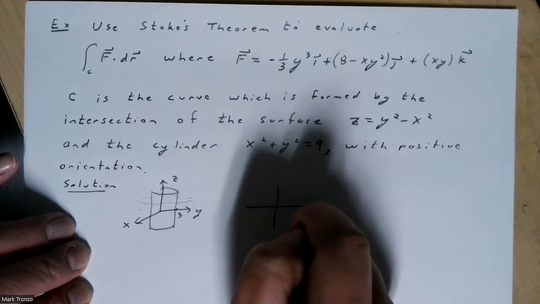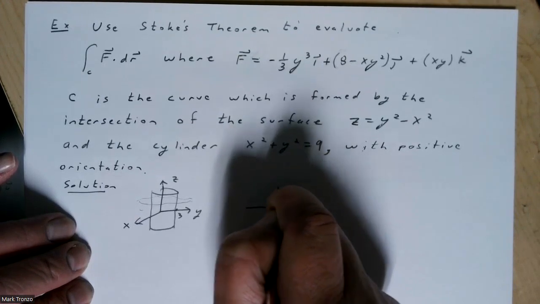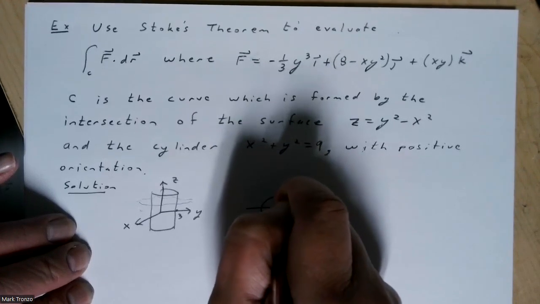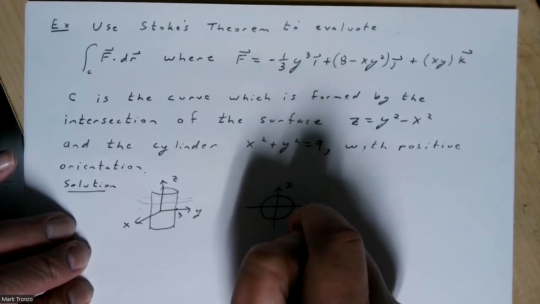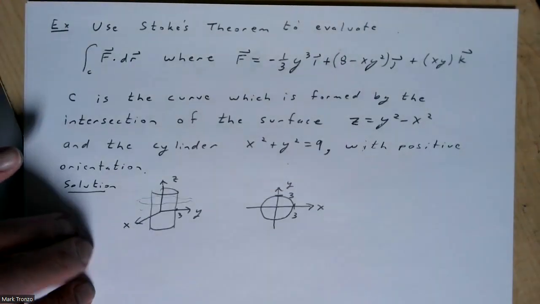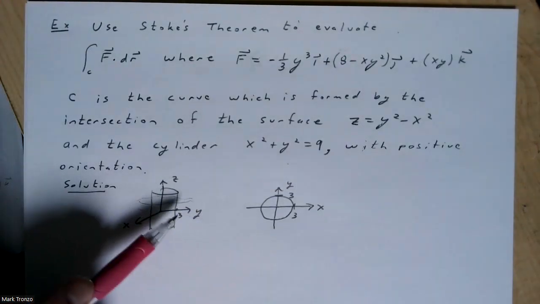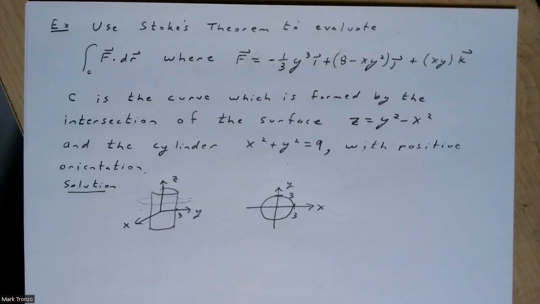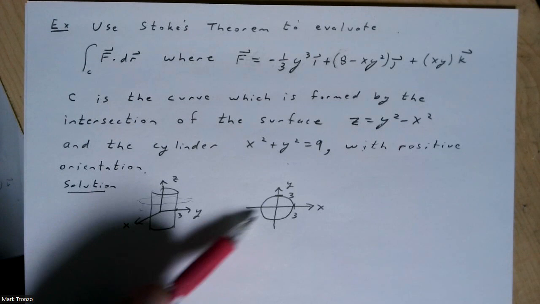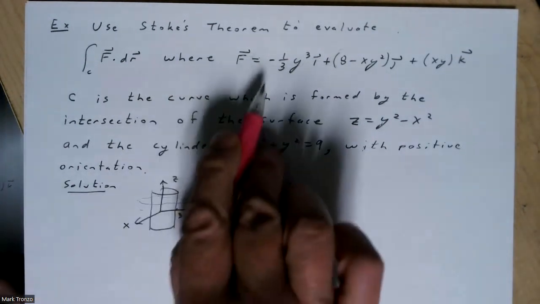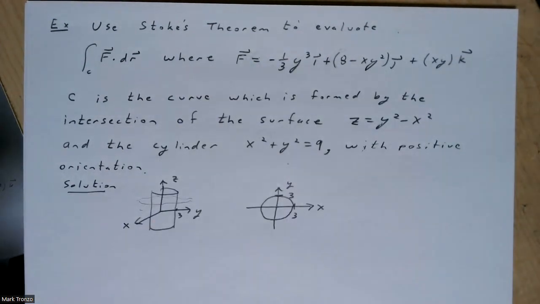You'll see that in a minute, but I just want to get a head start on that. It's not clear now why I'm doing this, but we'll see in a few minutes. In any case, we're going to need the curl of this.